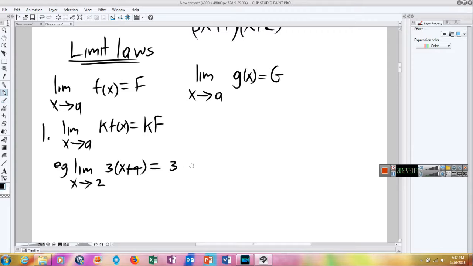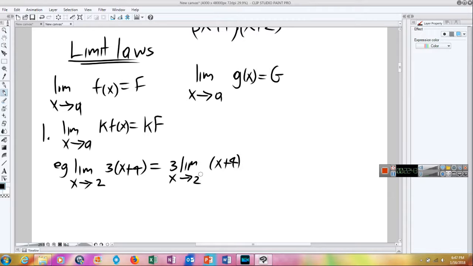So I was instructed to say 3 times the limit as x tends to 2 for the function x plus 4.